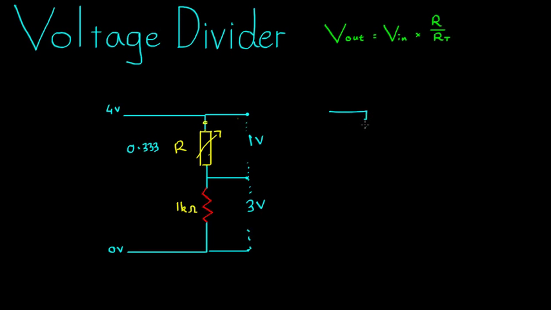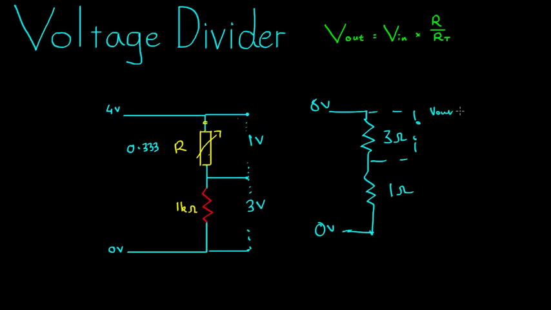So if I have a simple circuit here with 3 ohms here, 1 ohm here, 8 volts coming in and 0 volts over here, the voltage that I get out over this particular resistor here, V out is equal to the voltage in multiplied by the ratio of the resistance of this component here, 3 ohms, divided by the total resistance 4.